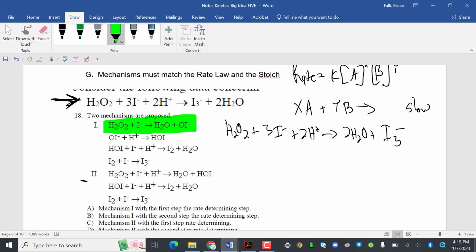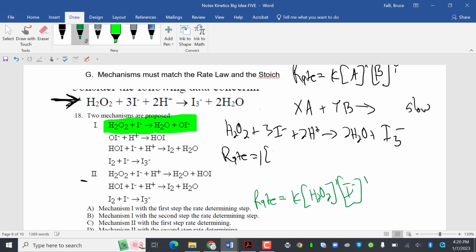So in step 1, my rate law would be rate equals K. We'll do rate equals K, H2O2 to the first, and then I negative to the first, because that's the rate law for these coefficients are 1. So that's how I put ones, okay?